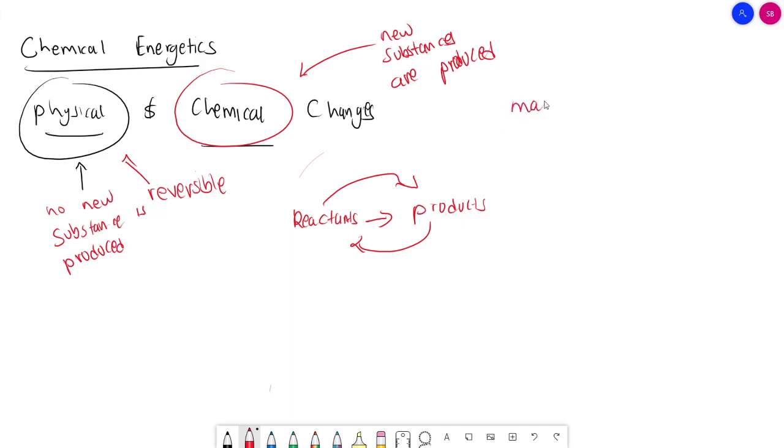Magnesium oxide is a new substance, and hence it will be a chemical change, because I cannot change this magnesium oxide back to magnesium and oxygen. Hence it is a chemical change.